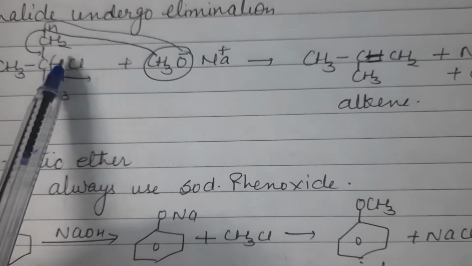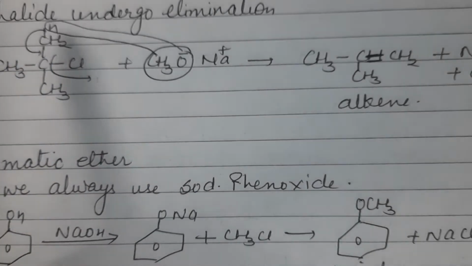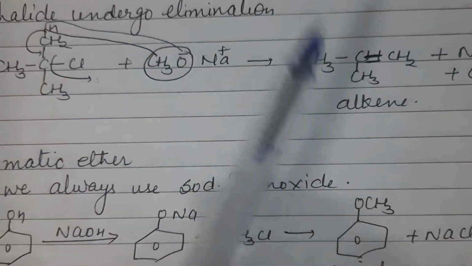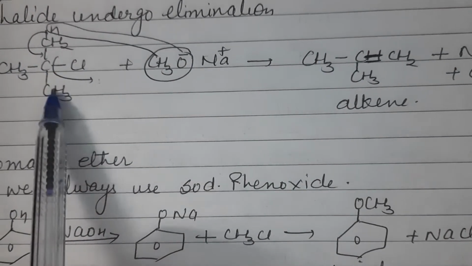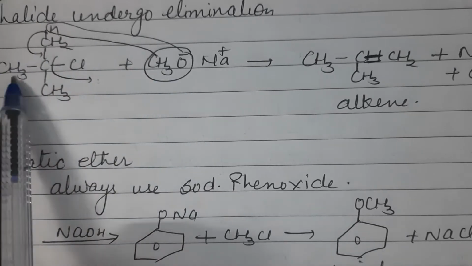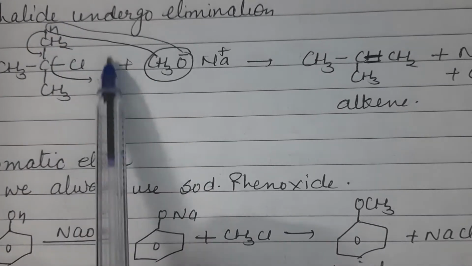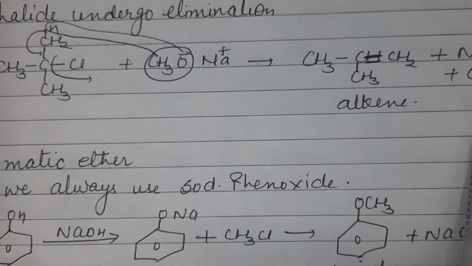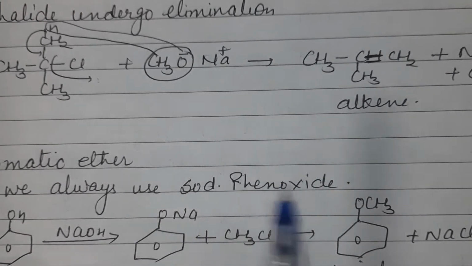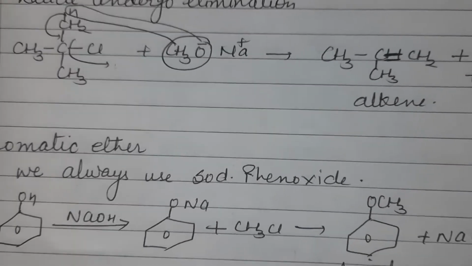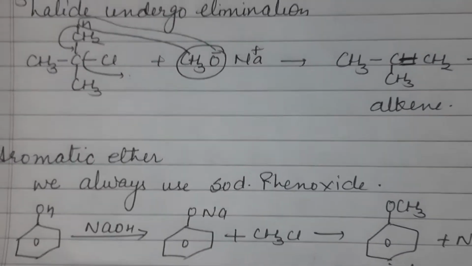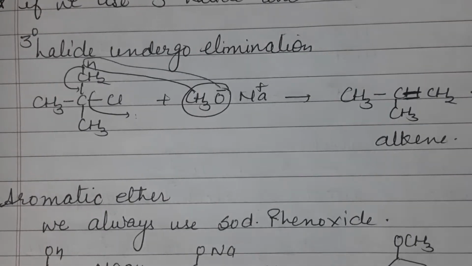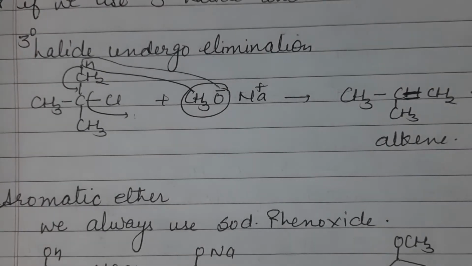So if we use tertiary alkoxide and primary halide, then we get tertiary ether. But if we use tertiary halide and primary alkoxide, then tertiary halide undergoes elimination and we get alkene, sodium chloride and alcohol. So these are the two ways by which you can prepare aliphatic ethers: first one is catalytic dehydration with sulfuric acid and second one is Williamson synthesis.